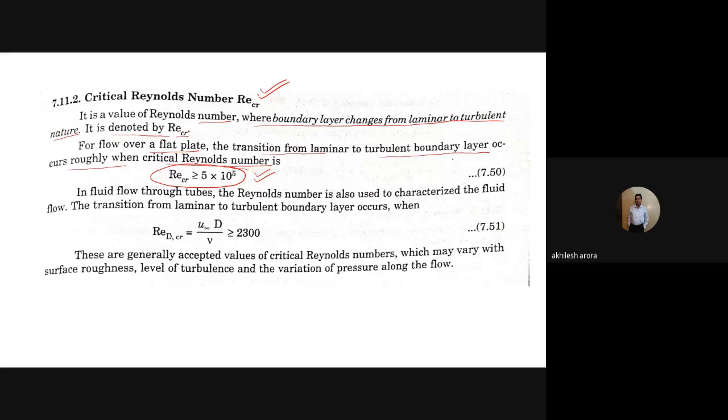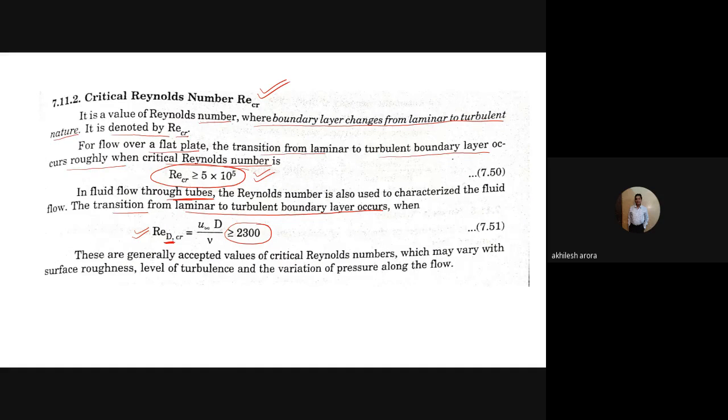For tubes, the transition occurs when the Reynolds number based on diameter is considered. If we are using D, that means we are calculating for the pipe, so u D by nu is greater than 2300.